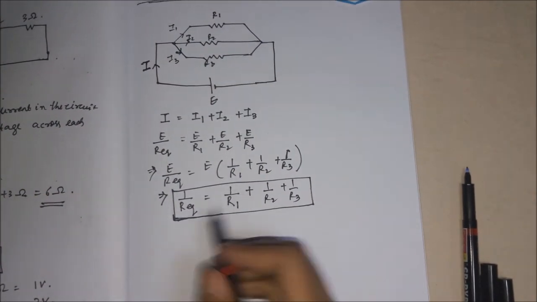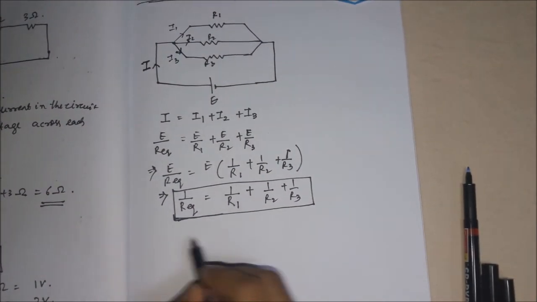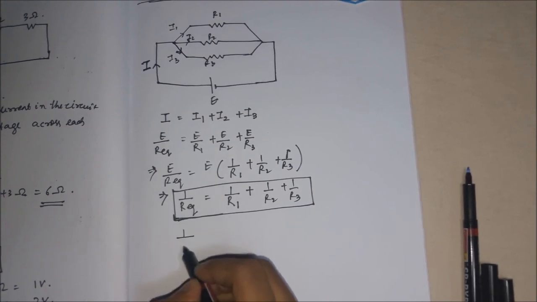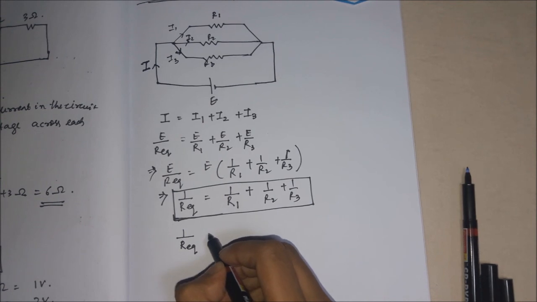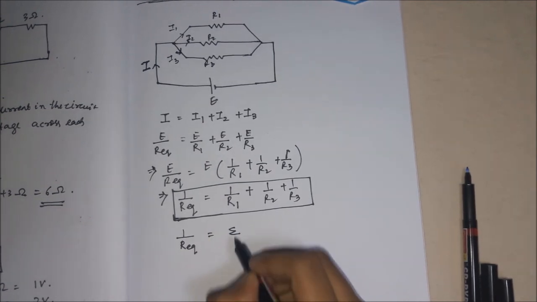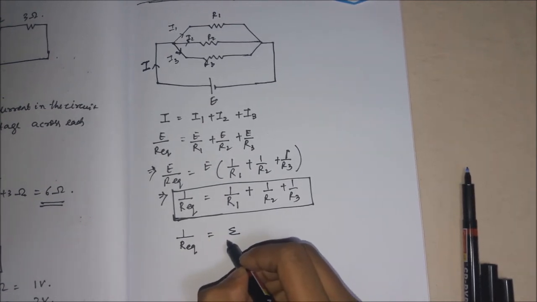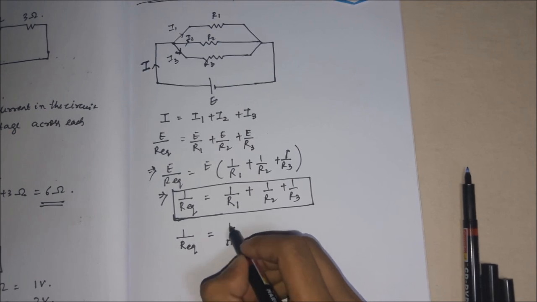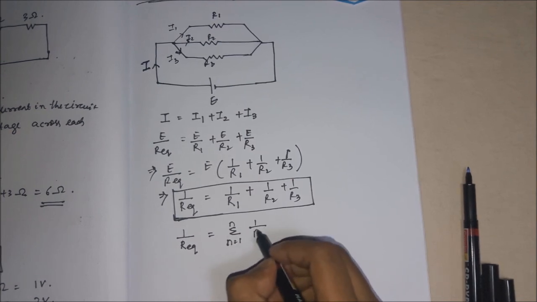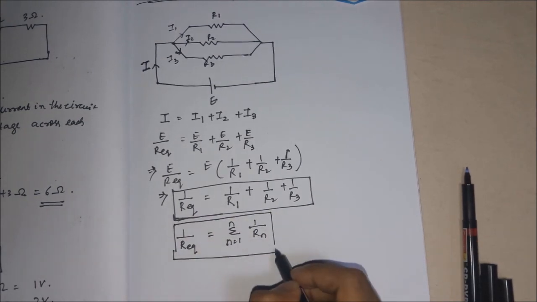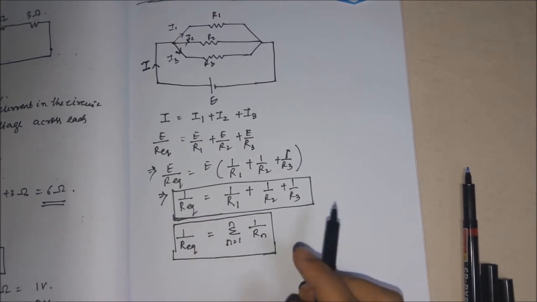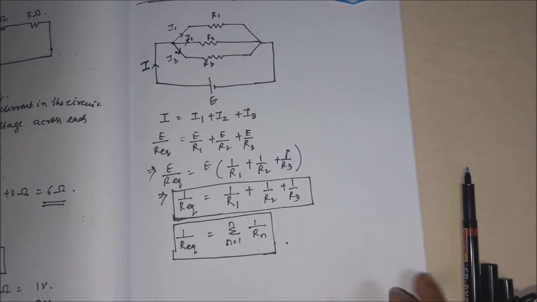So we got that in a parallel combination of resistors, 1 by R equivalent is equal to the summation, n equals 1 to n, of 1 by Rn. This is the required relation for the R equivalent in the parallel combination of resistors.